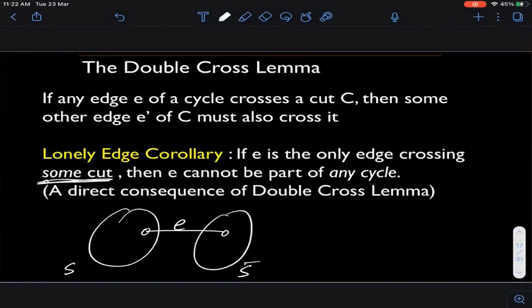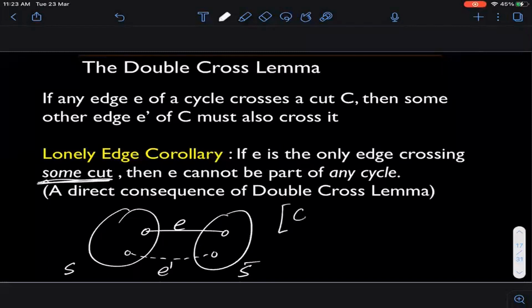So is the statement clear? So you can again try contradiction. Remember, by the double cross lemma, suppose for contradiction that E is part of a cycle. Then, for our cut, there has to be another edge E prime which is crossing this cut. So in other words, it's the contrapositive of the double cross lemma.